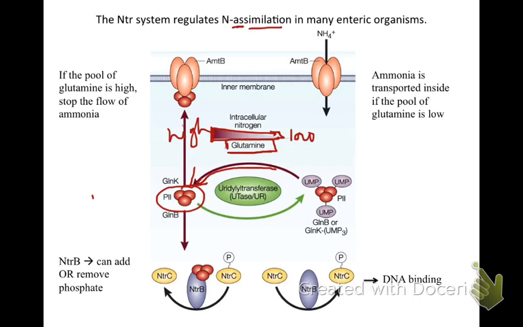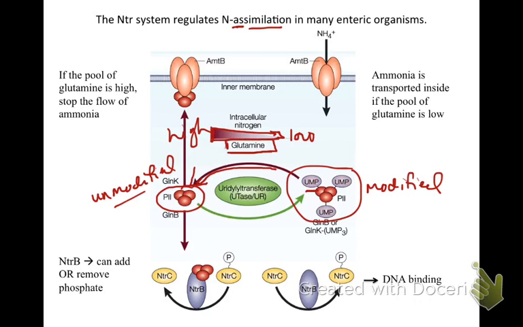This is the unmodified, and this is the modified. Again, this is a post-translational modification. We've seen a lot of these. It's either going to have UMP, and the enzyme that carries out that reaction is uridylyl transferase, and that's the modified form. Or we have the unmodified form. Unmodified when glutamine levels are high, modified P2 with this UMP on it when glutamine is low.